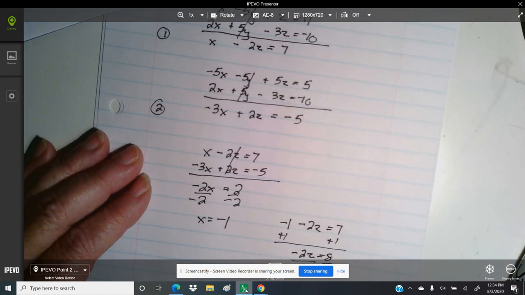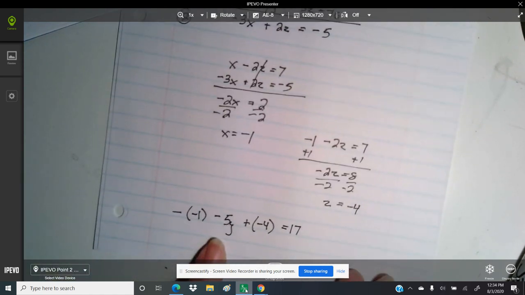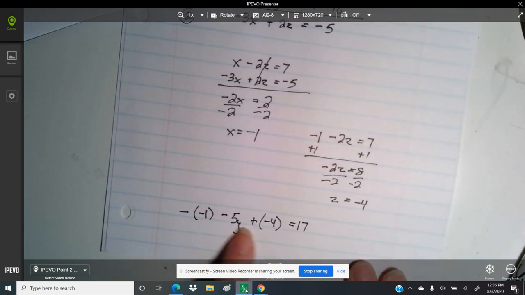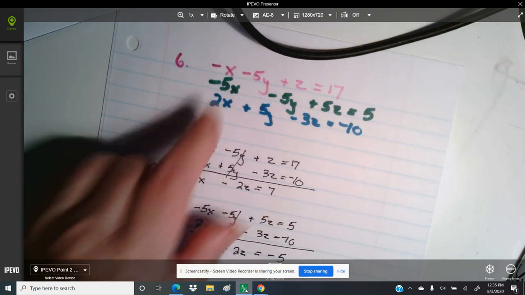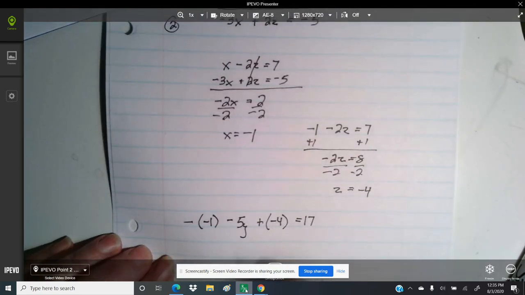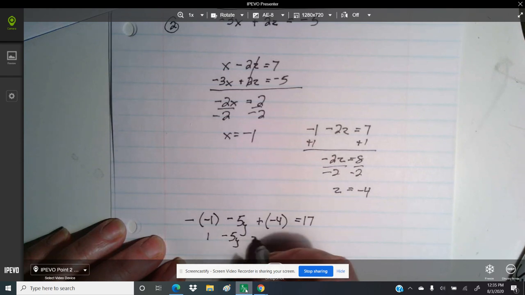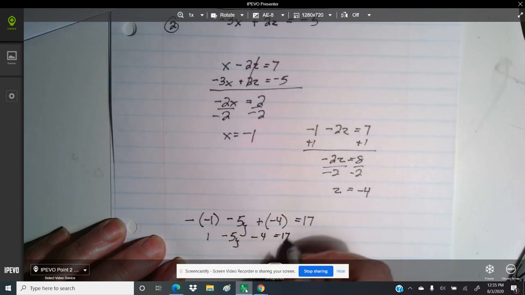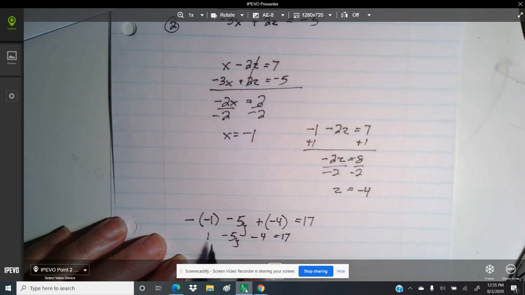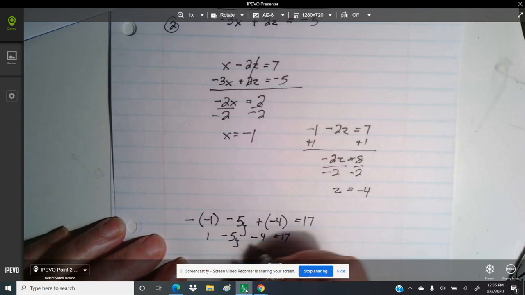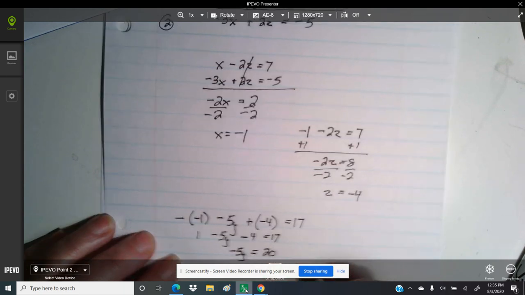And that's going to equal 17. So I'm just inputting my x and my z value into this pink equation. And so this will be 1 minus 5y minus 4 equals 17. This will be negative 3, so I'm going to add 3 to both sides, and I'll have minus 5y equals 20. And y will equal negative 4.